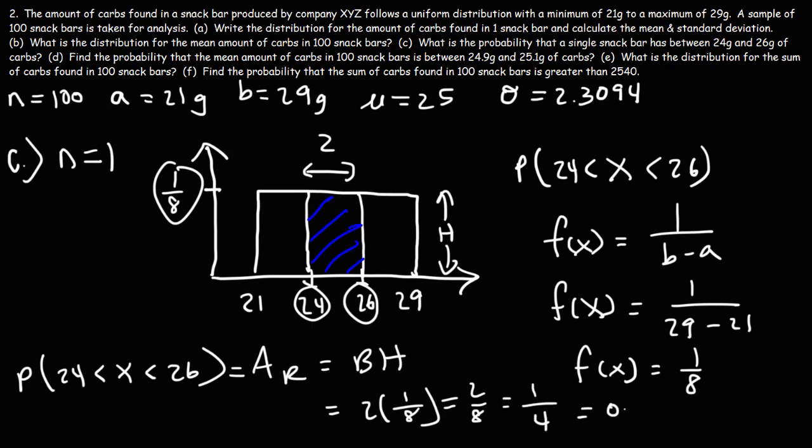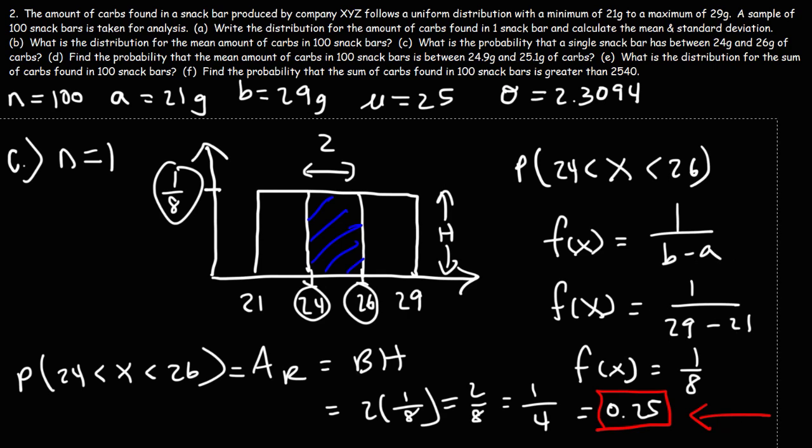And 1 over 4 as a decimal is 0.25. So based on the shape of the uniform distribution, the probability that a single snack bar has between 24 and 26 grams of carbs is 0.25. Now, let's move on to part D.